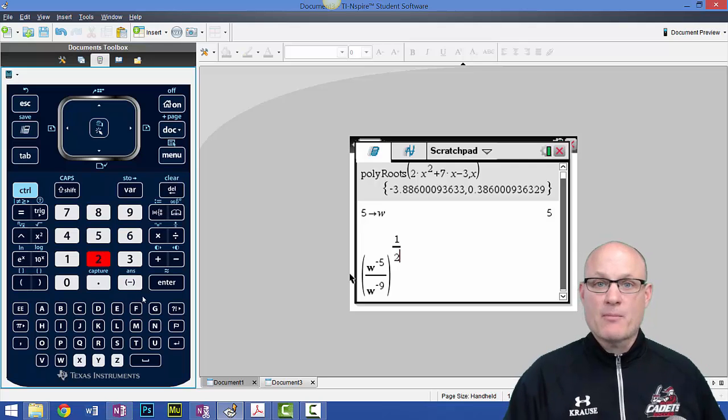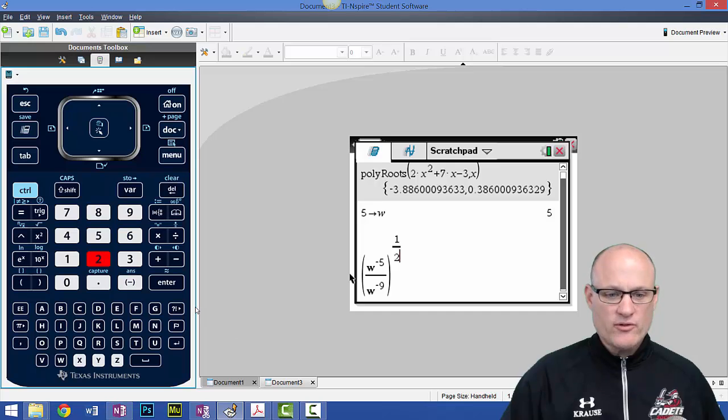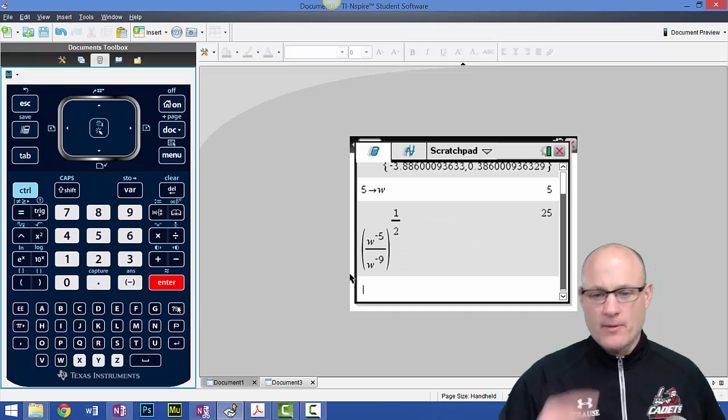That was our original problem. That's what I was given. I love this calculator. How cool is that? I hit enter, and I get 25.